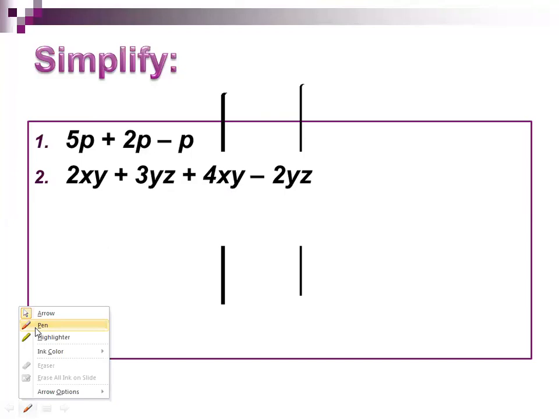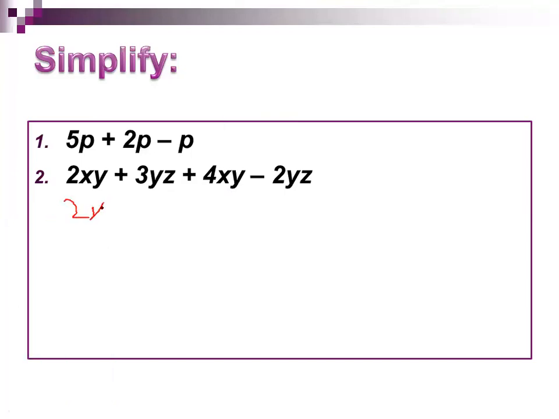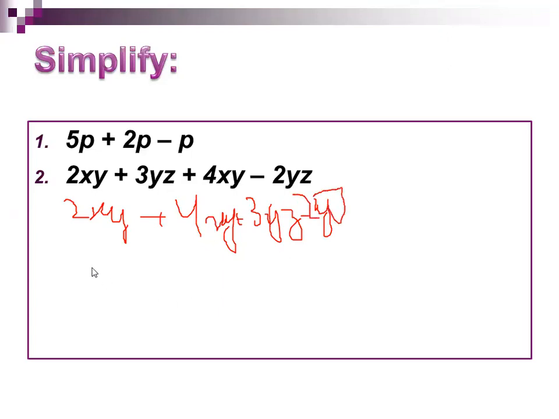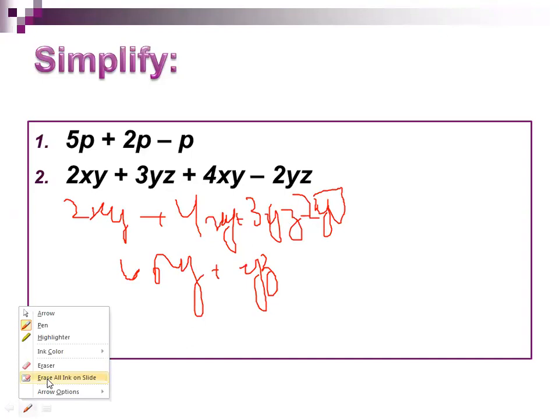Now what you will do here: first you will write 2xy, and then plus 4xy, and then plus 3yz minus 2yz. Now 2 plus 4 will become 6xy. Then 3 minus 2 will become 1, so you will simply write yz. So Miraban, your answer is absolutely right. Very good. Now move on to the next one.